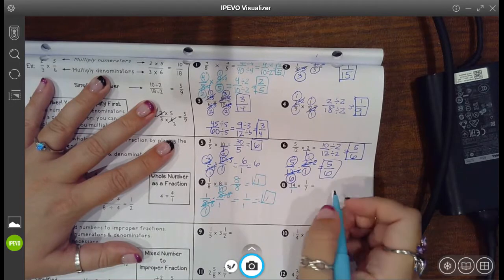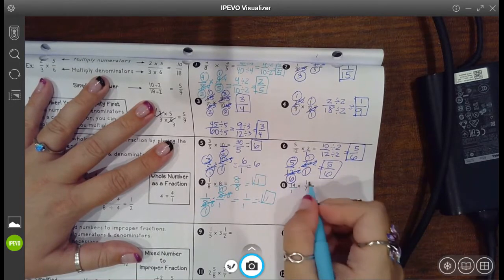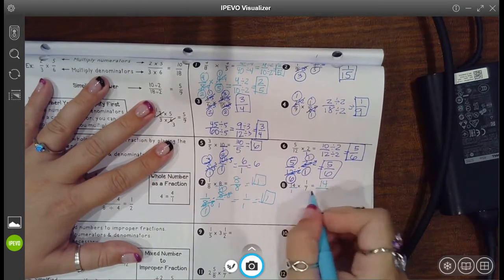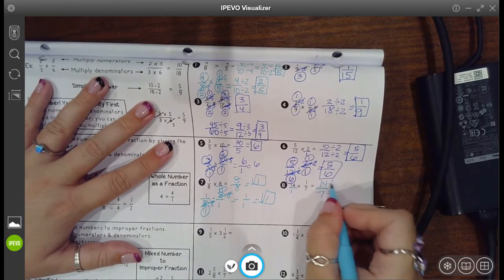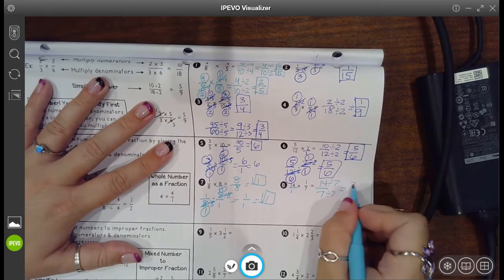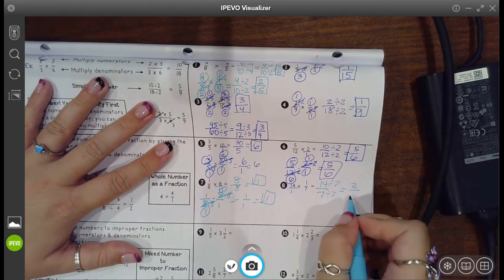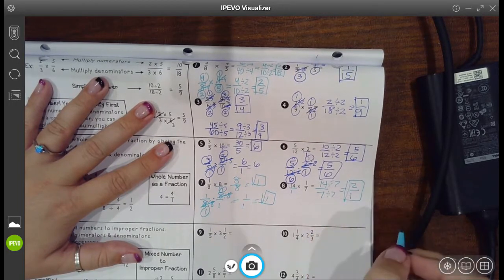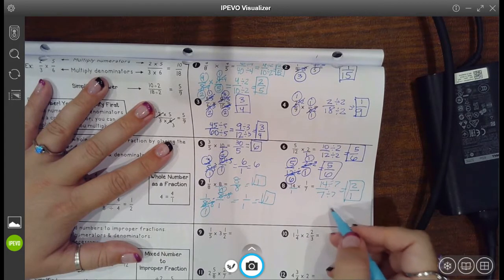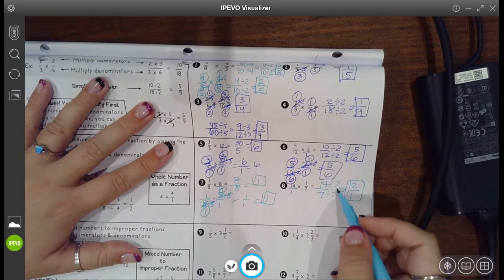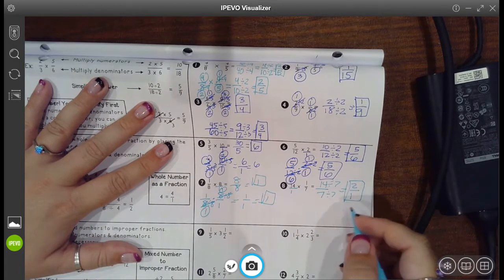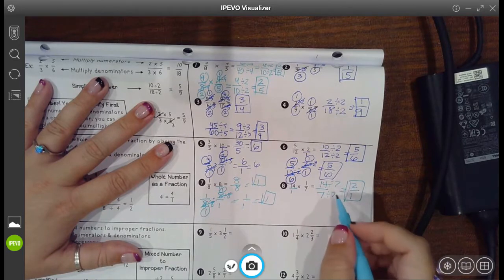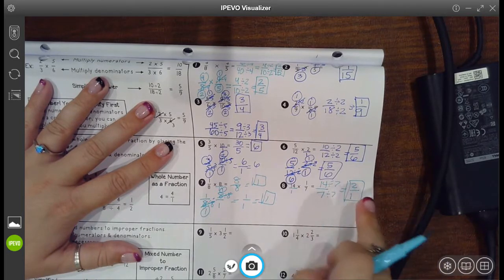Okay, and finally, you have 14 times 1 is 14. 1 times 7 is 7. Okay, what can go into both? 7 can. 14 divided by 7 is 2. And 7 divided by 7 is 1. Now I want to point out something with this problem. I strongly recommend that you show what you're reducing by, because do you know how many times people do this part in their head and they immediately see, oh, 7 can go into both.